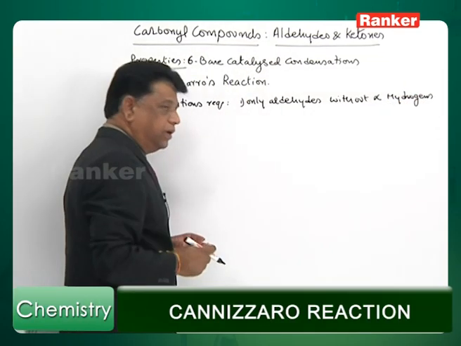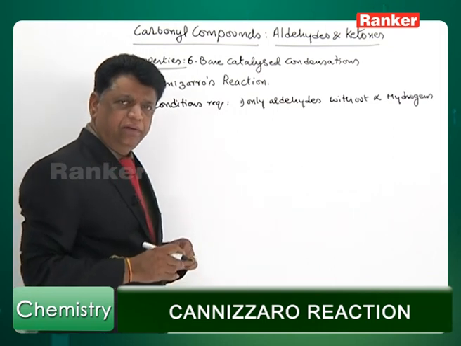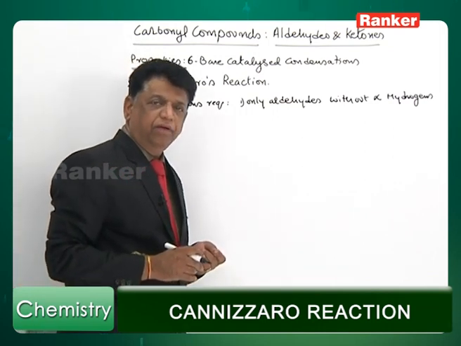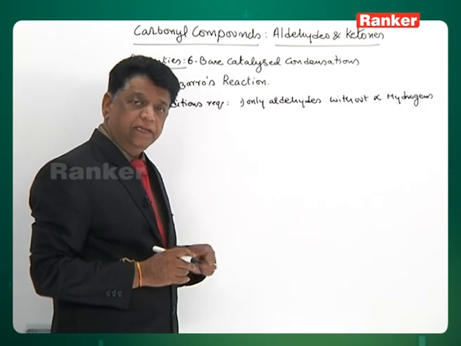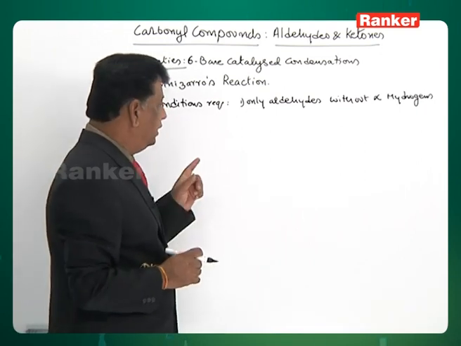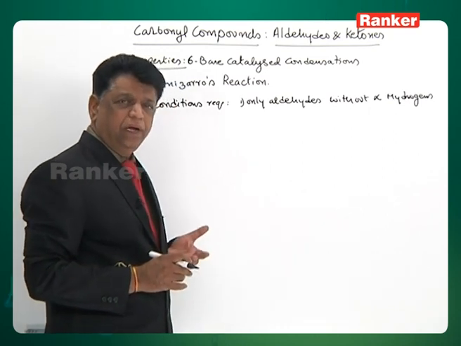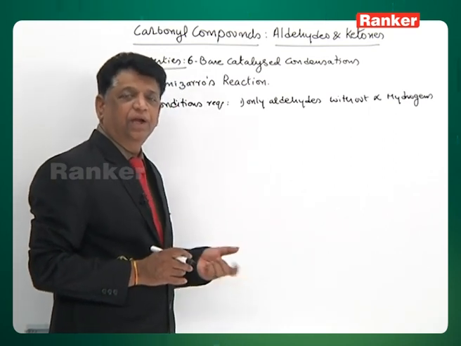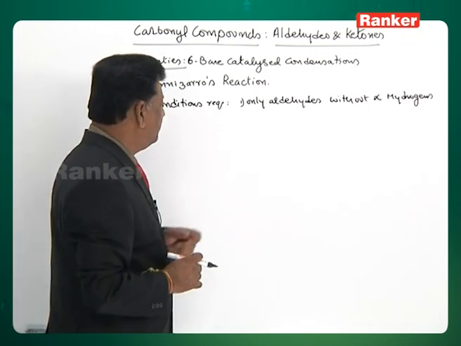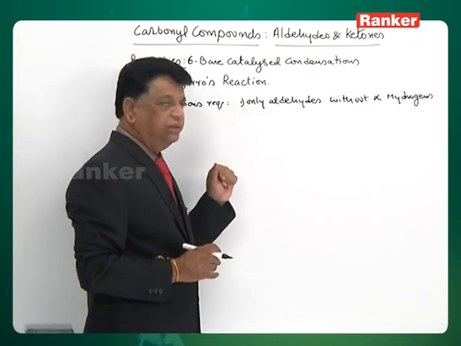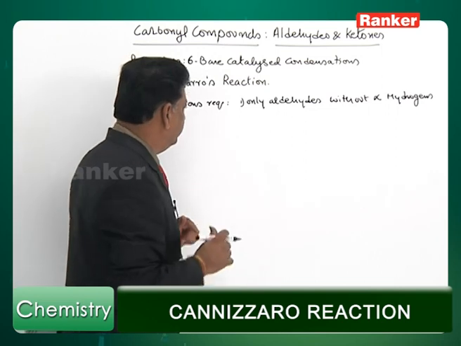So, if a compound contains alpha hydrogens, it undergoes aldol. However, in aldols, aldehydes as well as ketones both undergo, but here only aldehydes, because it is a mild oxidation. Mild oxidation we have seen, aldehydes readily undergo this oxidation. So, therefore, only aldehydes undergo this reaction, that too without alpha hydrogen.